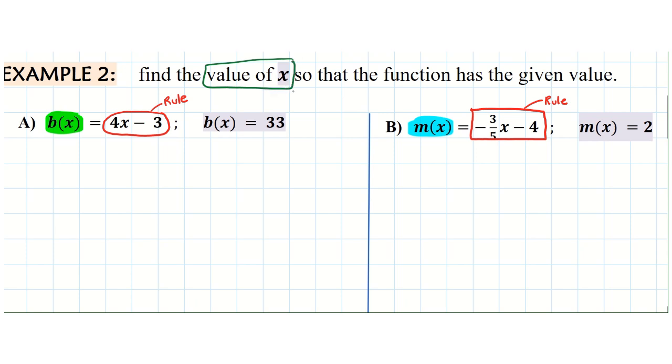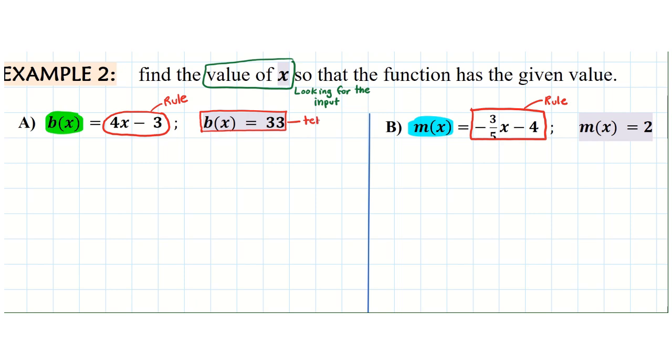We're trying to find out what x is, which is our input, when you're given the output for each of the functions. So this is what we're looking for. We're looking for x. Unlike the other one where you knew which x you had, now you're looking for your input.